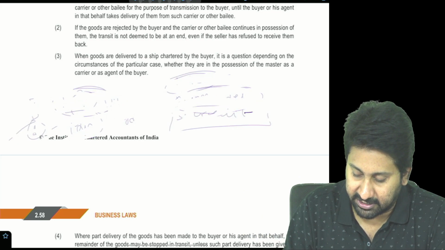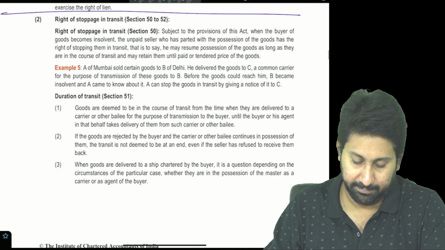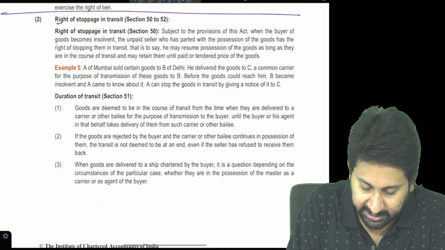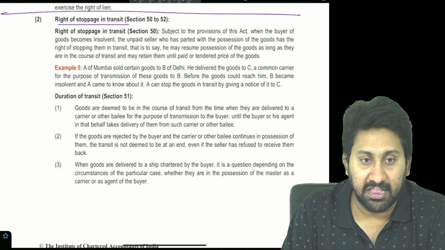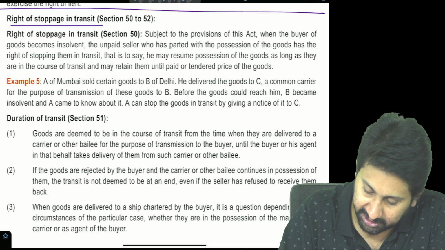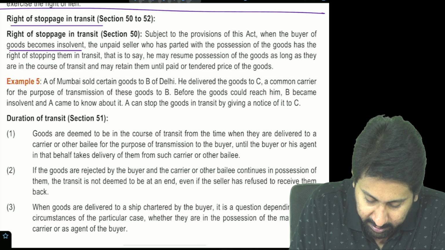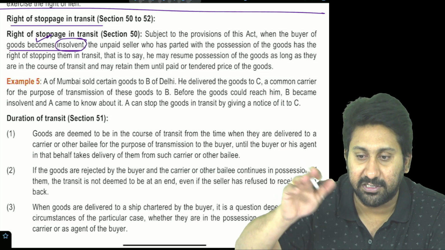Okay, let's start with the analysis in a clear way. Let us see. Right of stoppage in transit: subject to the provisions of this Act, when the buyer of the goods becomes insolvent, that's a condition. Becomes insolvent means he is declared as an insolvent.